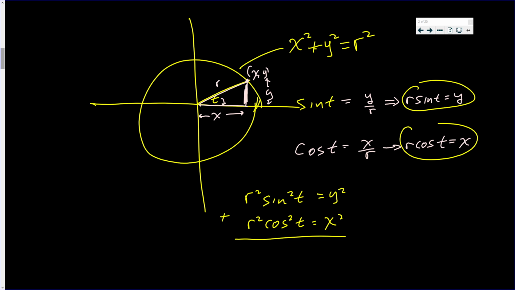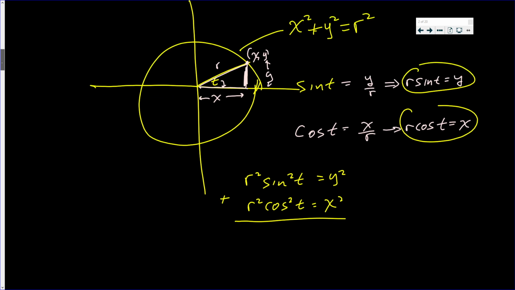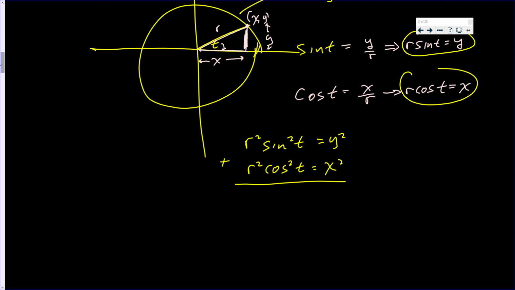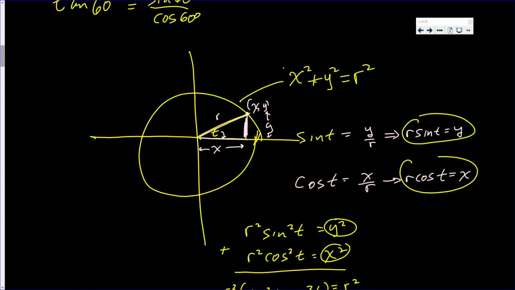Now I'm going to add them. When I add the left-hand side, they both have an r squared, so I can factor it out. You get r squared times sine squared t plus cosine squared t. And when I add the right side, I get r squared, because x squared plus y squared is r squared. I did say that.